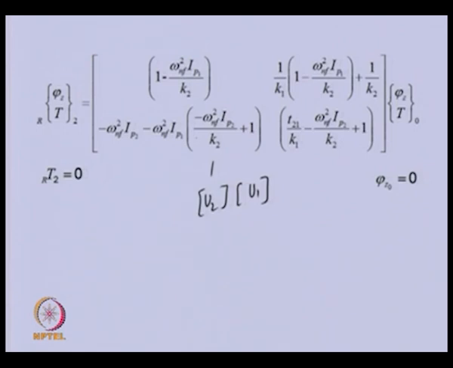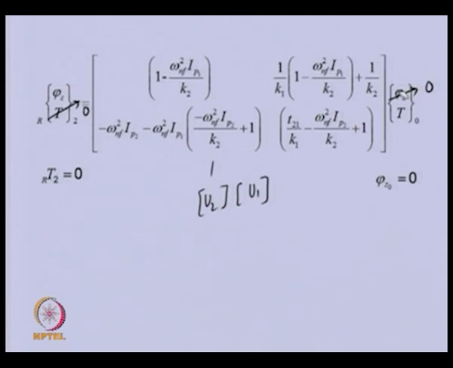Now in the present case, the boundary condition is that station 2 is free, so there will not be any torque, and station 0 is fixed, so the displacement will be 0 there. So this boundary condition we can apply here. This is a different boundary condition as compared to the previous ones.